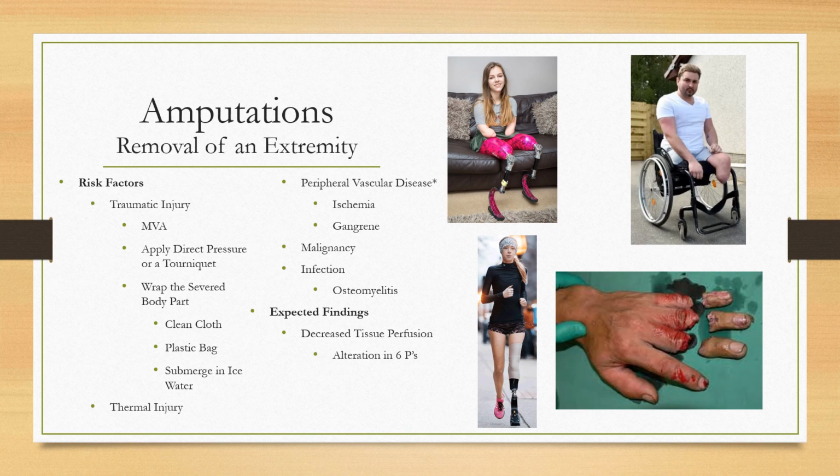It can be from trauma, so a crushed limb that's not viable, a severed limb that's not viable, severe thermal burns, peripheral vascular disease, so ischemia, say from atherosclerosis or from diabetes, where the blood supplies become so poor to the limb, typically the lower limb, that the patient is now getting ulcers and infections of the skin and possibly even the bone underneath.